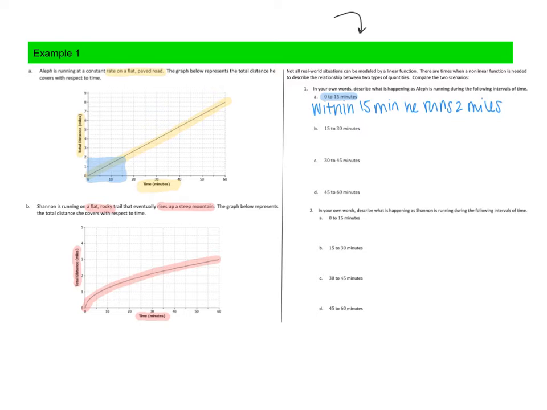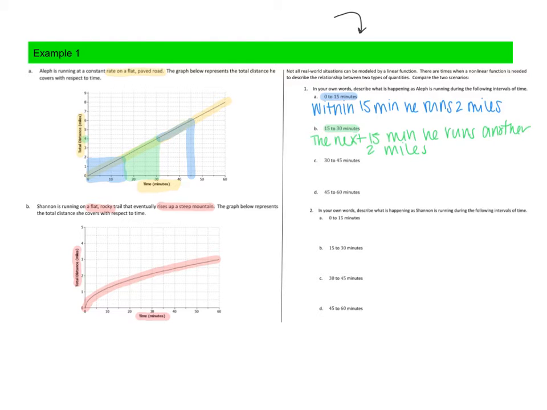Then it says, describe 15 to 30 minutes. From there to there. Well, within the next 15 minutes, he runs a total of 4 miles, so he runs another 2 miles. Okay, 30 to 45 minutes. 45 is right here.